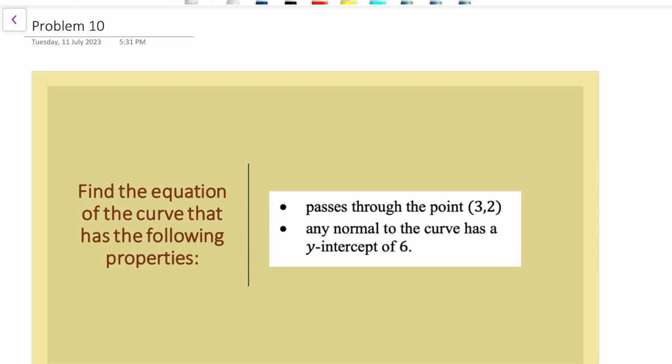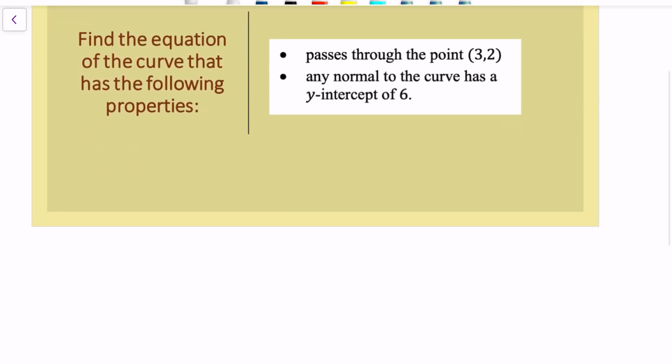Alrighty, so it might be tempting with this problem, if you thought about it, to just write down the answer as a circle. If you think about the properties of a circle, in this case the circle would have to have a centre at y equals 6.